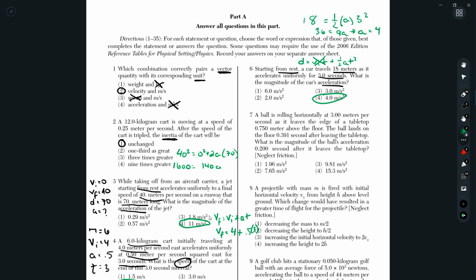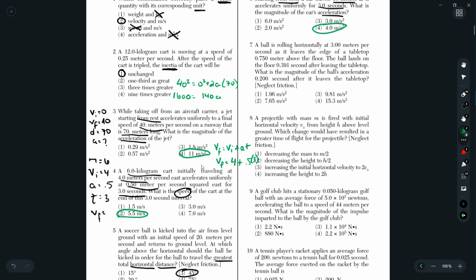Okay. A ball rolls horizontally, leaves the table, and hits the floor. What is the acceleration after it leaves the tabletop? Well, after it leaves the tabletop, it's a projectile, so 9.81 meters per second squared.